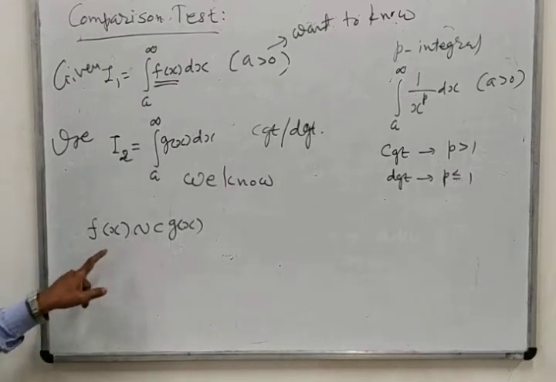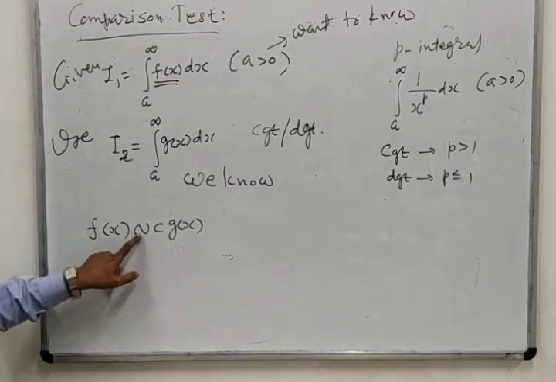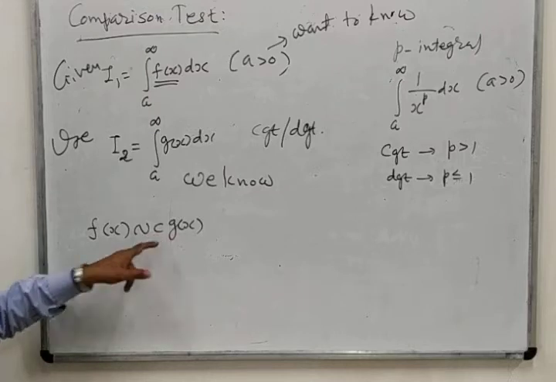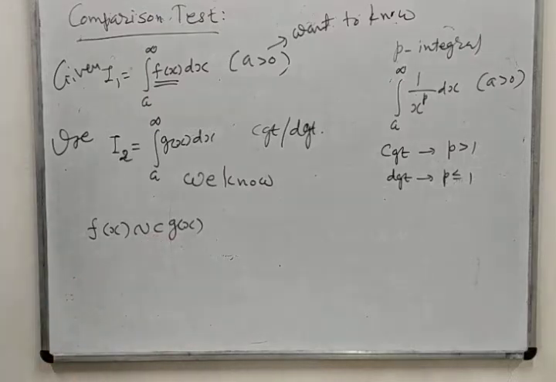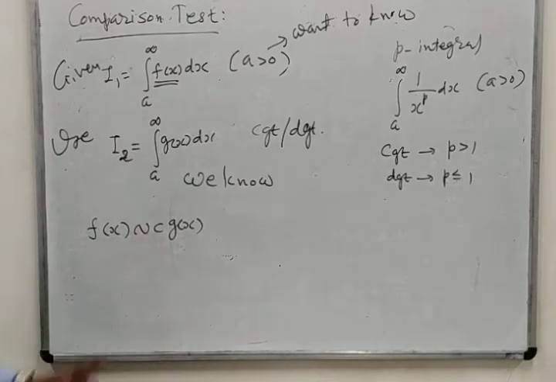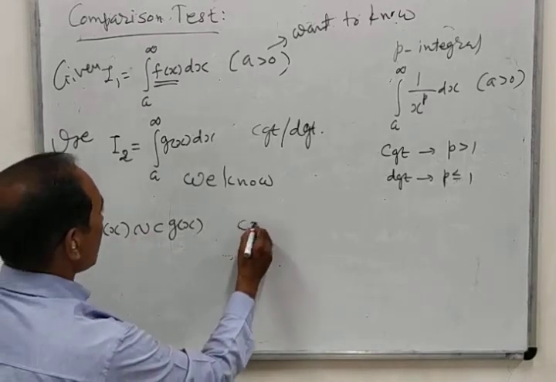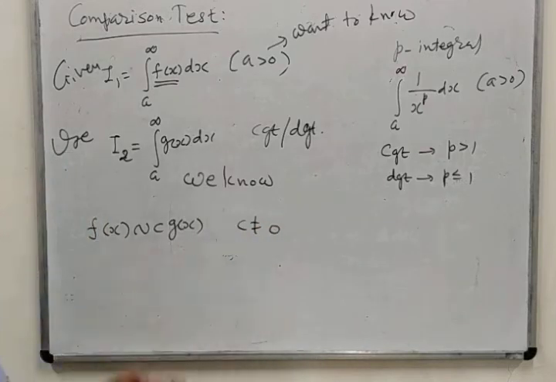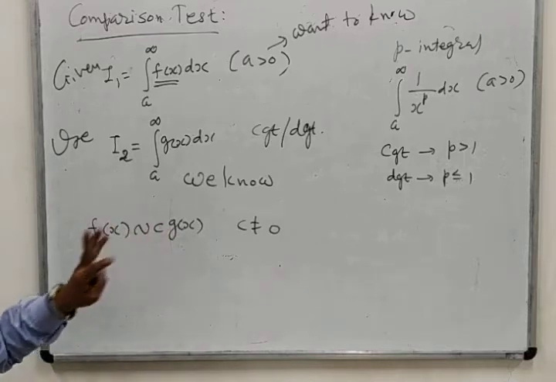This is an approximation. C is some constant; a constant multiple is allowed. And here you notice c is not equal to 0, because if it is 0 then f(x) is equivalent to 0, and we cannot predict anything.